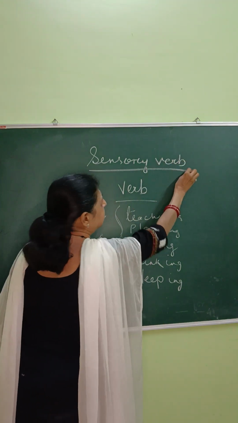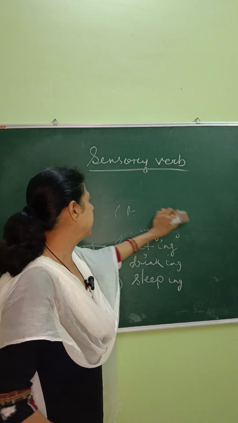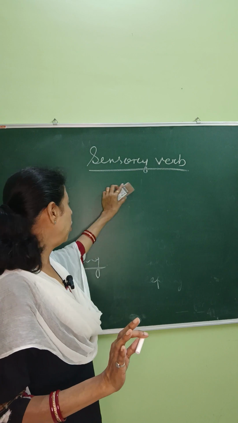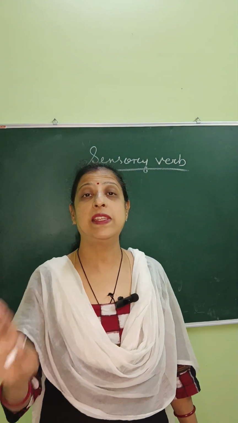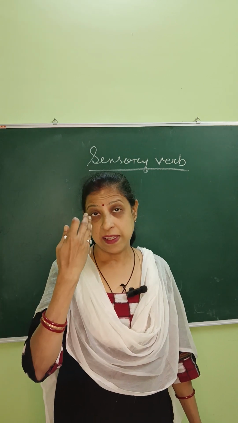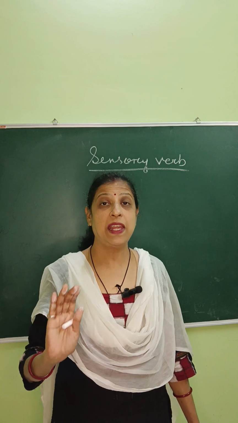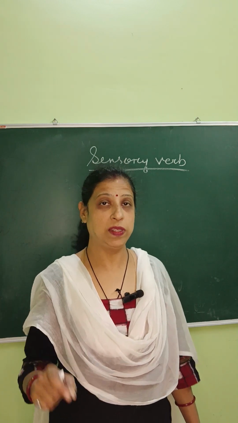Now, what is the sensory verb? Yes, children, there are five senses. I hope you all know what the sense organs are. There are five sense organs: eyes, ears, nose, tongue, skin.